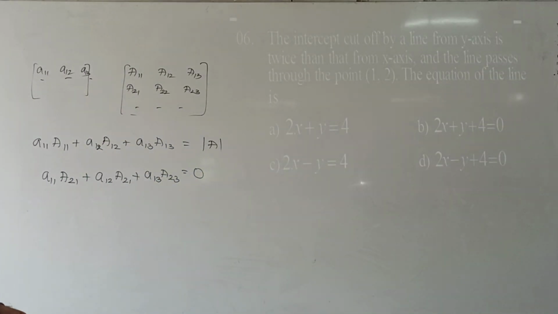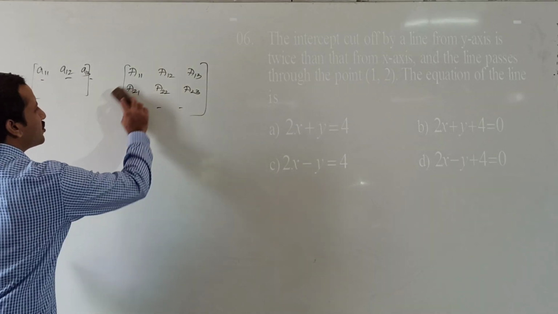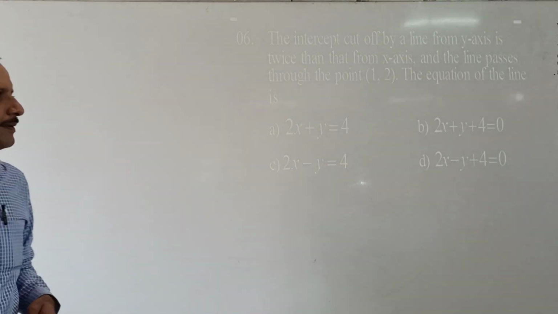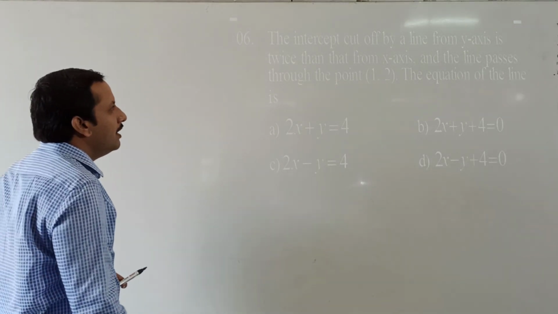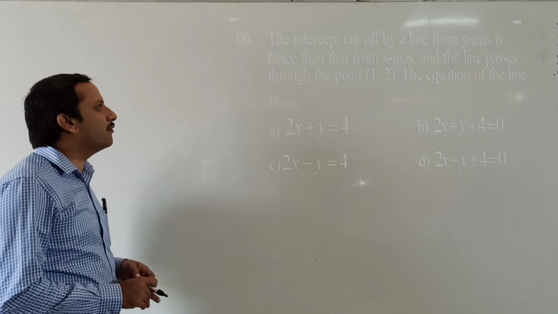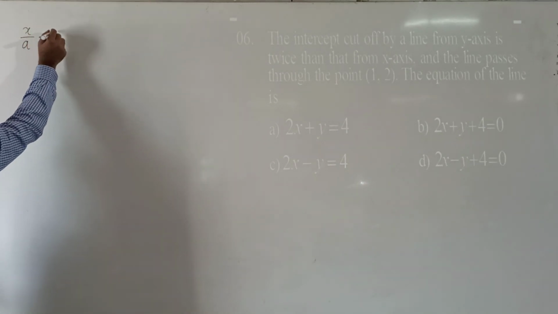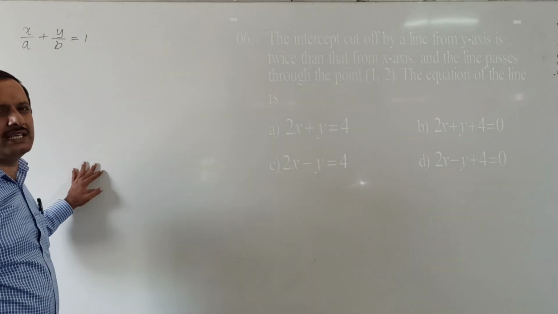Question number 6. The intercept cut off by a line from the y-axis is twice that of the x-axis, and the line passes through the point (1, 2). What is the equation of the line? I will take the general equation in intercept form, x by a plus y by b is equal to 1.